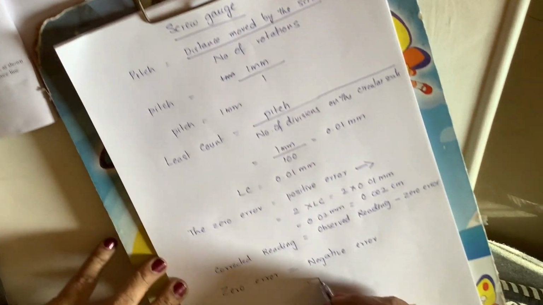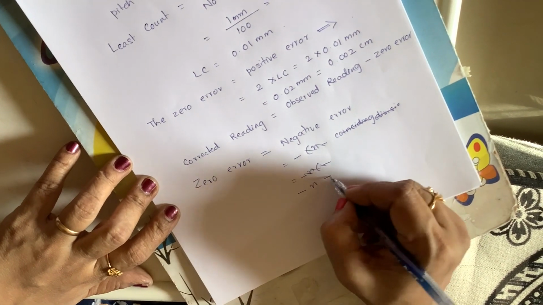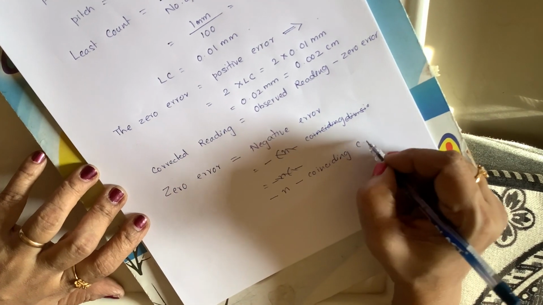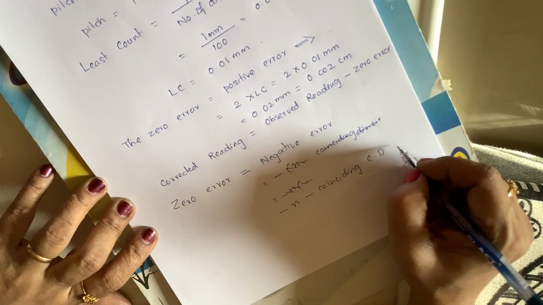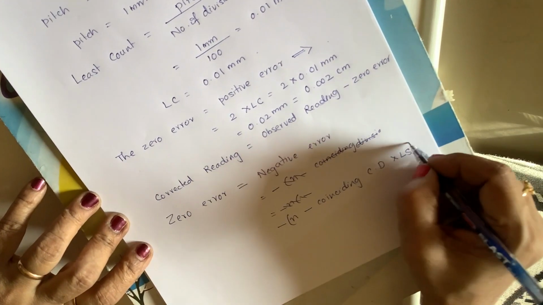So what we have to write? Minus n minus coinciding circular scale division. I hope you got it. I am not writing full form, into least count. So this is what we have to do.